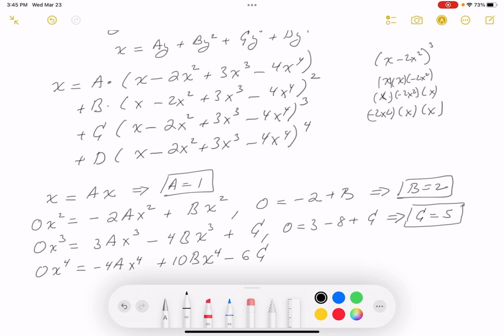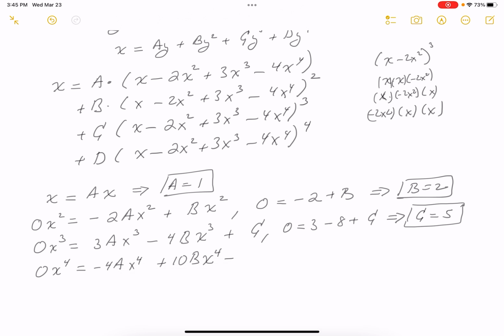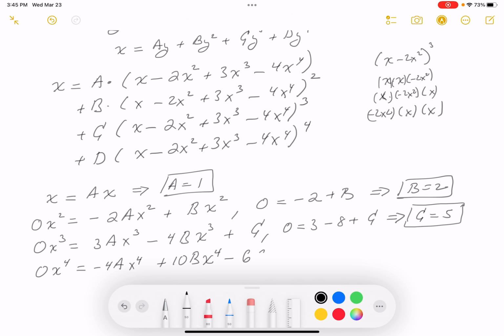The last guy's the easy guy to do. What are you going to get? Oh, I'm sorry, x^4. It's going to be plus d. Let me make this a little neater too. The last guy is going to be plus dx^4.